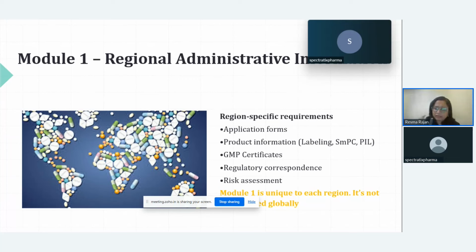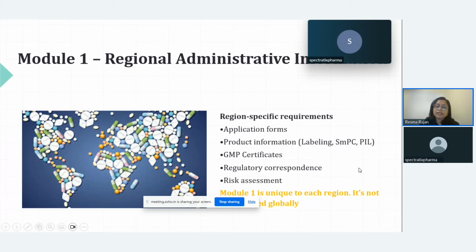In China, we will have to label the product in Chinese language along with English, and the summary of product characteristics, SmPC. We need to give the patient information leaflet: how to use, when to use, what is the dose, what dosage form. All these details will be there.